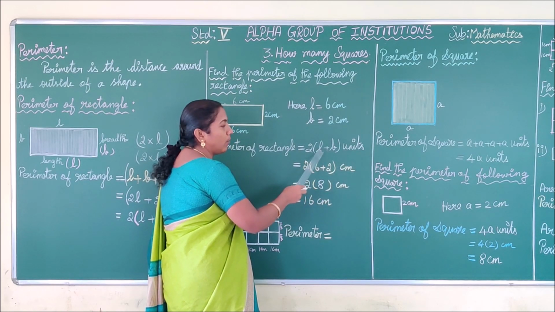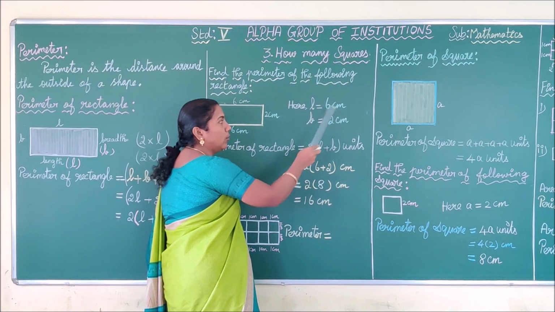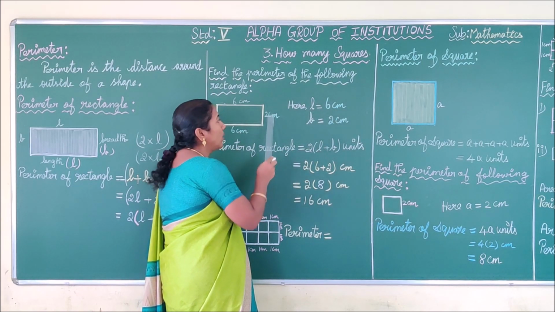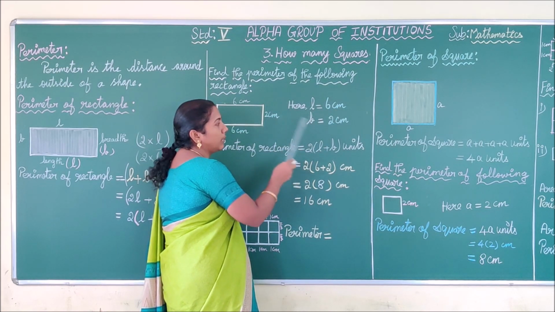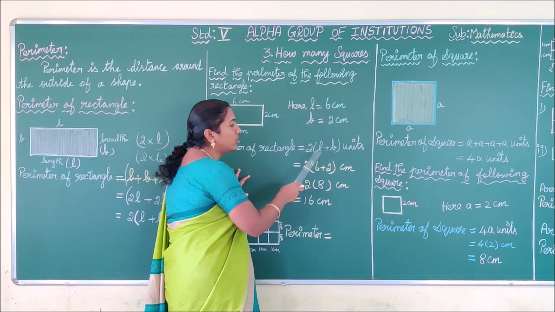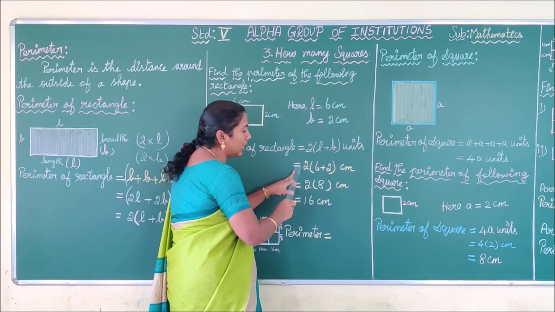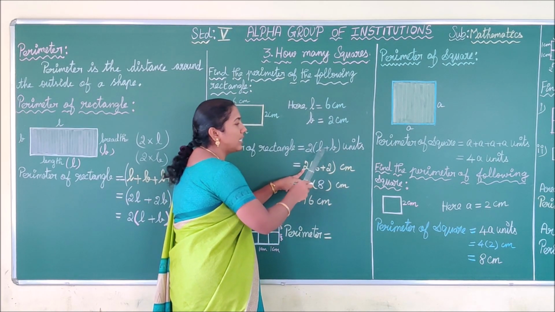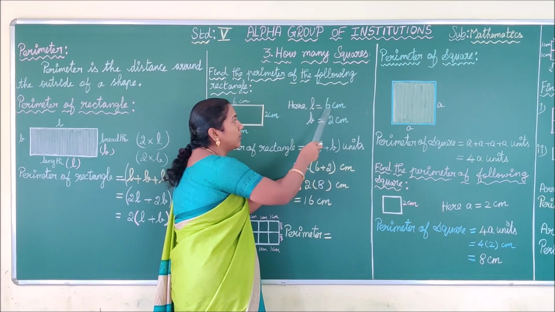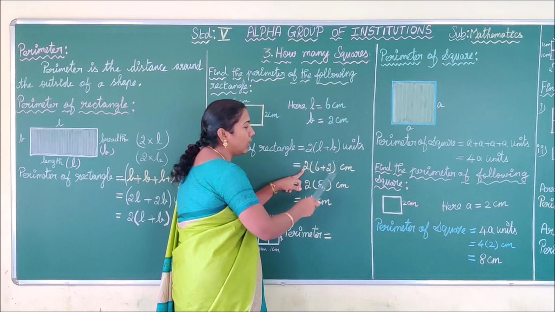Now you have to write the value of L. What is the value of L? 6 cm. So L equal to 6 cm. What is the value of B? 2 cm. So B equal to 2 cm. Now we are going to substitute the values of L and B in the formula. So it is equal to 2 into, instead of L we write its measurement 6 plus, for B we substitute its value 2.